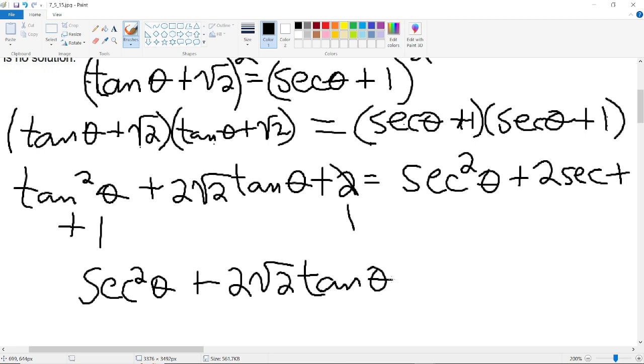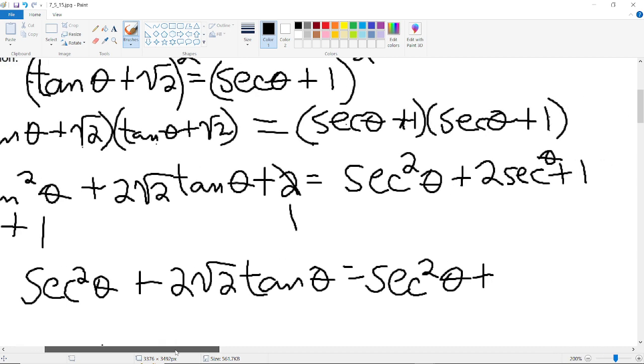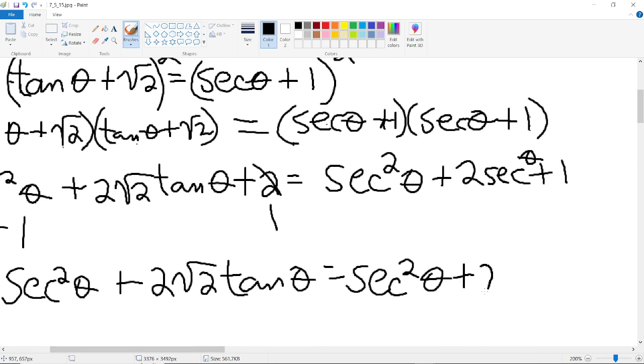I don't know if this is the easiest way to do it. It's certainly dropping some solutions. Equals secant squared theta plus 2 secant theta plus 1. And now, notice there's a secant squared theta on both sides.